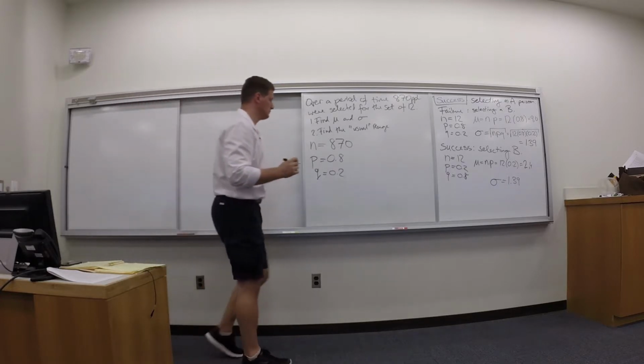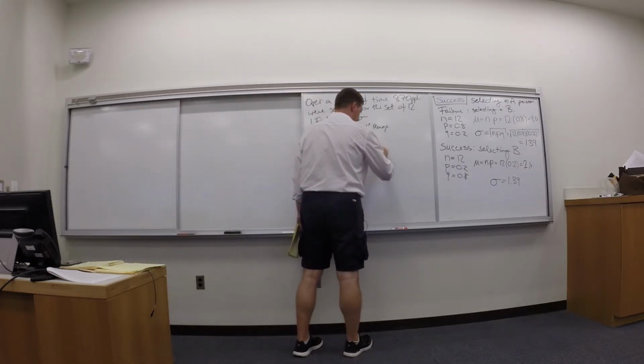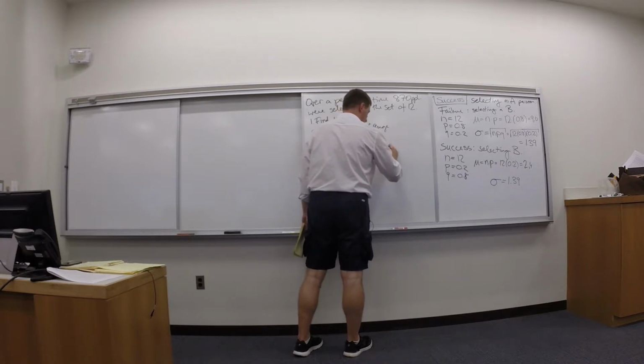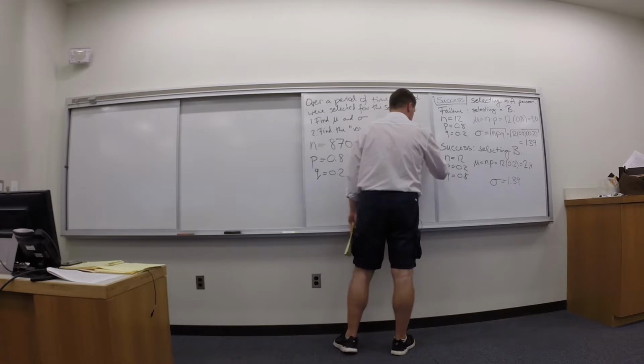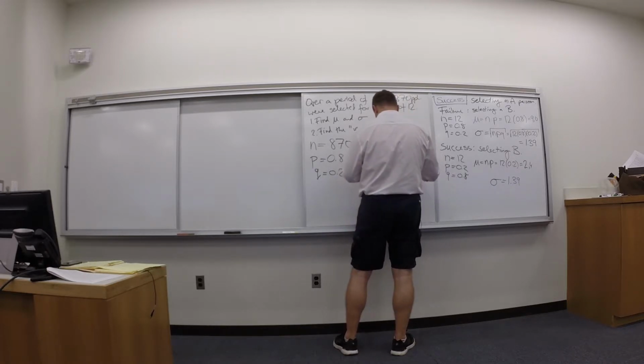Now what's the mean? N times P, which is 870 times 0.8, which comes out to be 696.